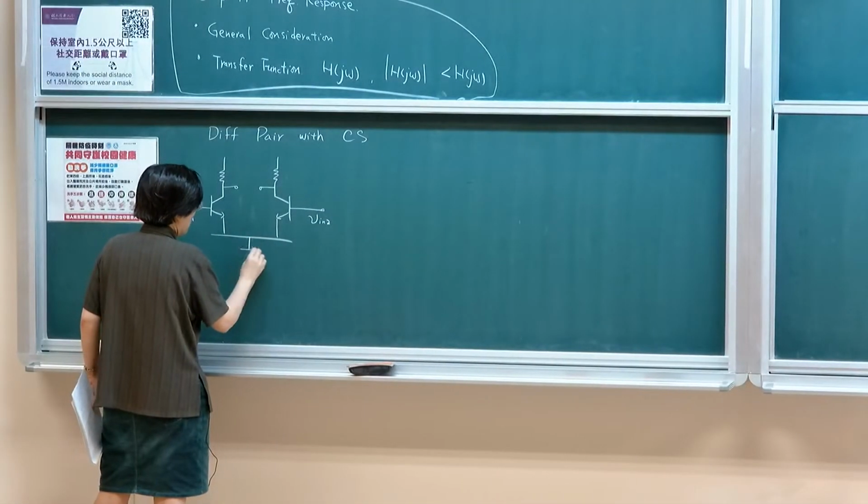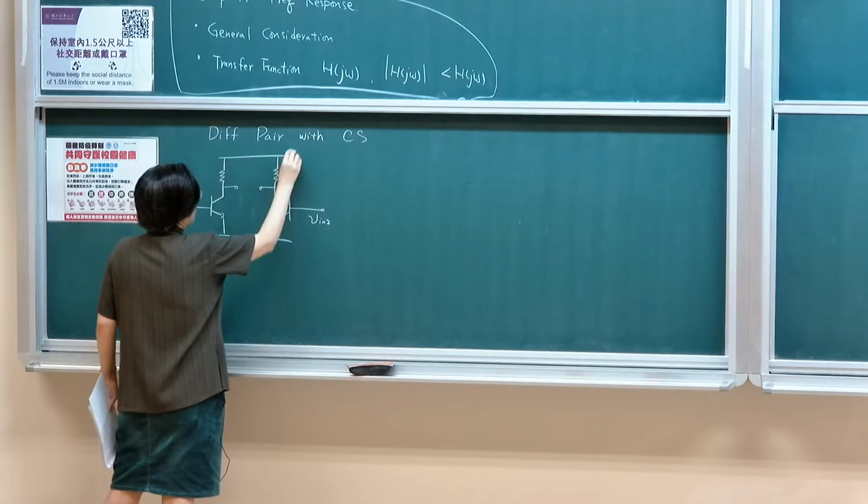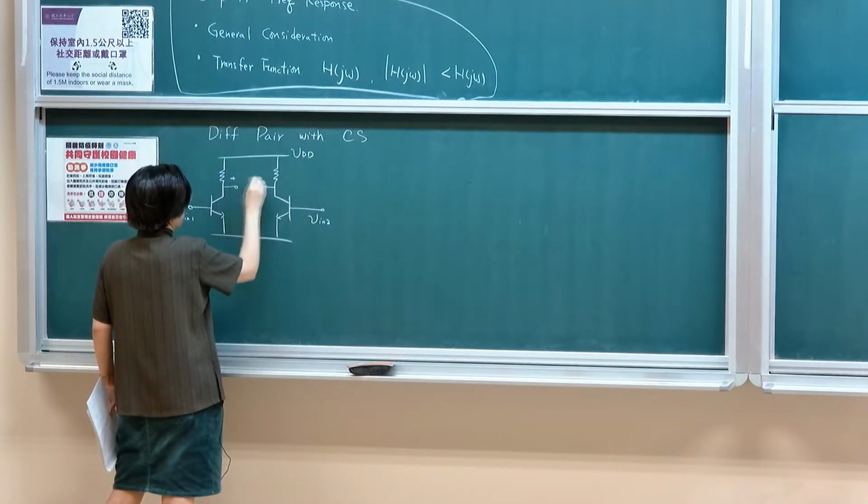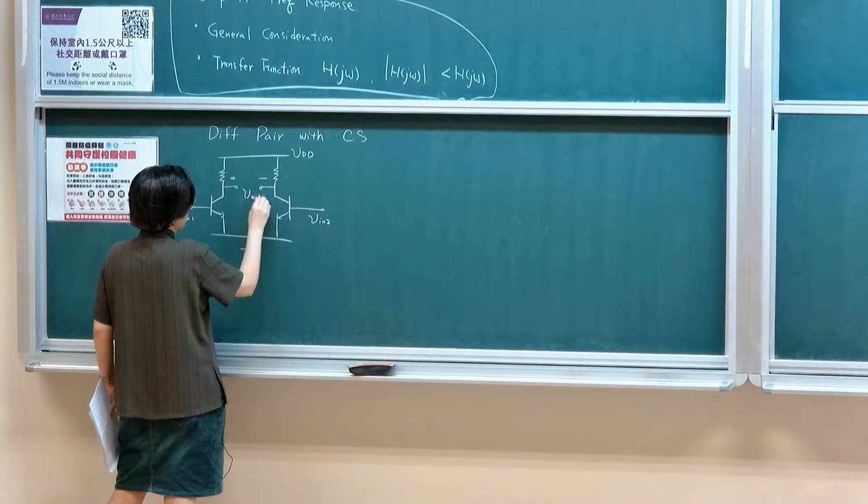And then this will be ground, and this will be VDD. Let's say this is your output; you're taking out a differential output.